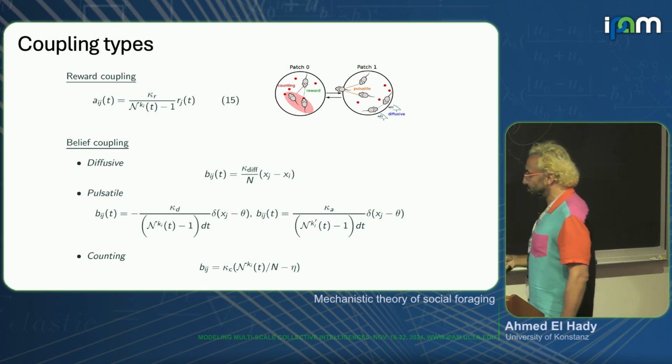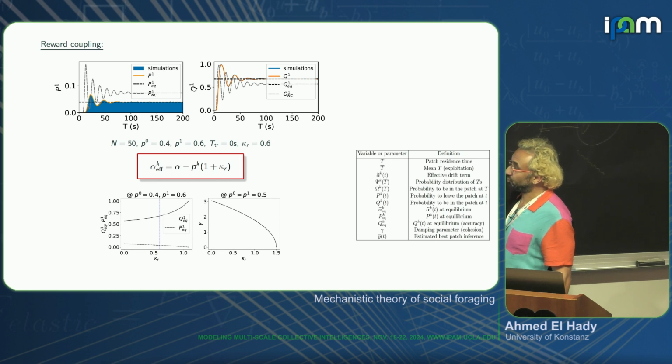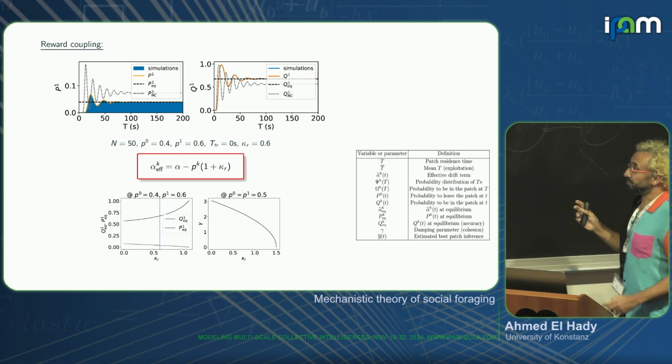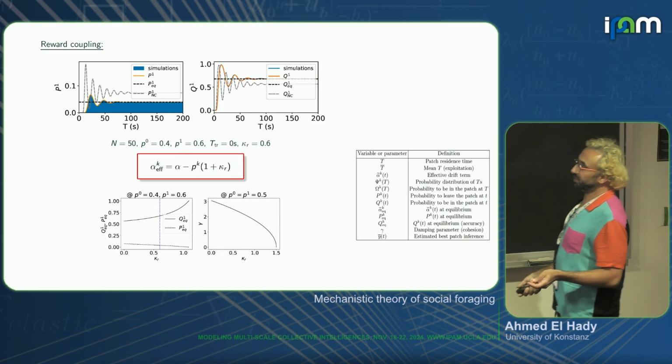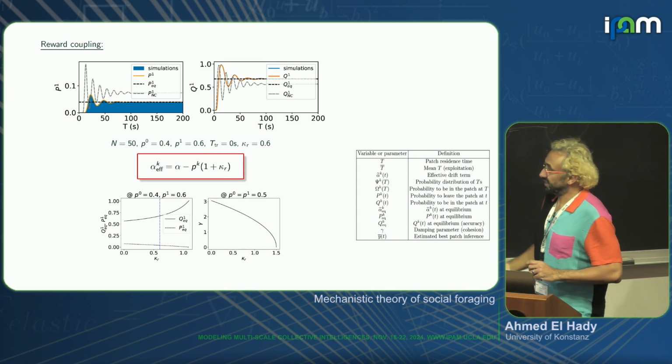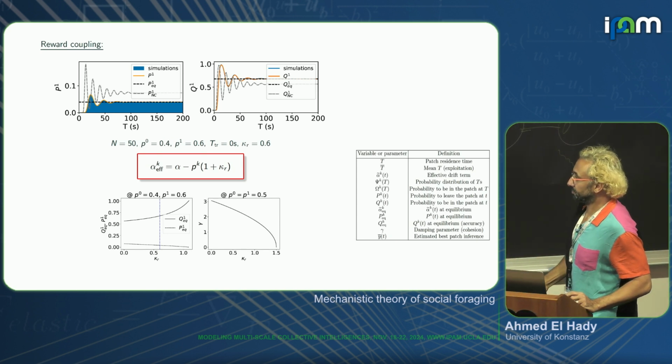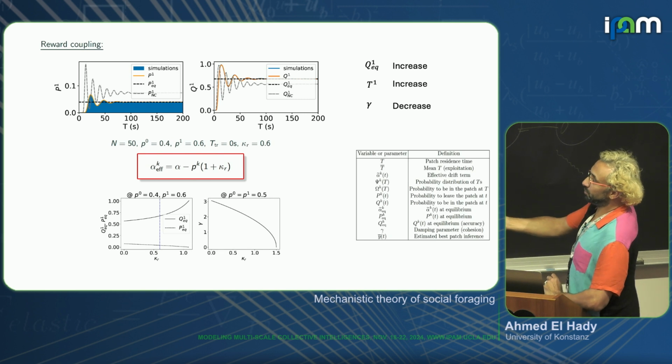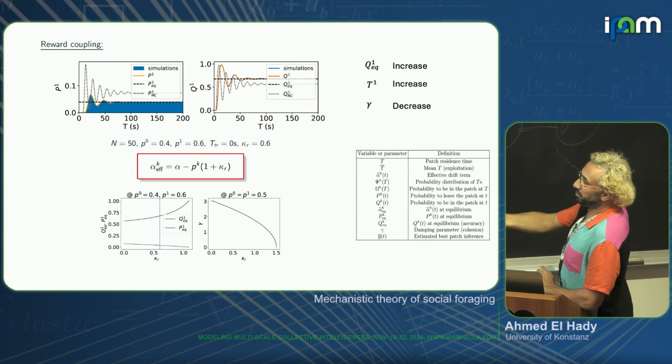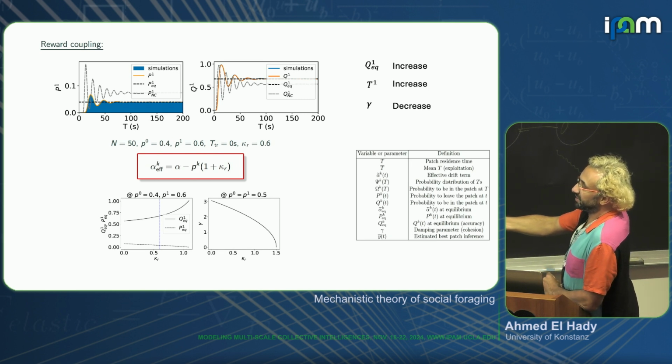Then we repeat exactly the same simulations we did before, but with this coupling. So we see here that if we do a reward coupling, where I see other animals getting a reward, this dotted line is the non-coupled case, and this is the case where there is the reward coupling.